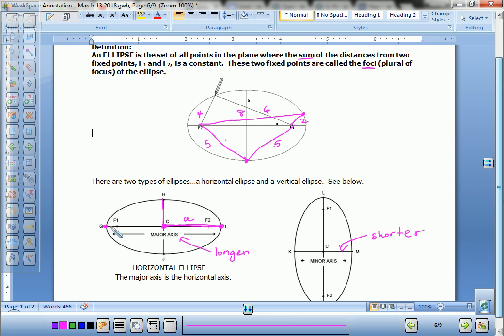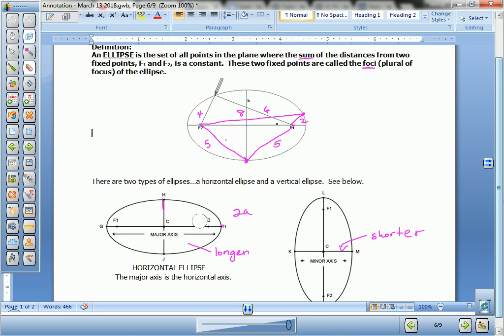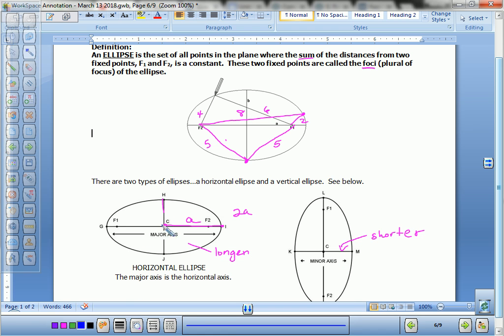So if we went all the way across, what would it be? Not just A, but 2A. So the major axis has a length of 2A. So this distance from the center to an endpoint is defined as A. The distance from the center down the minor axis to an endpoint is defined as B.